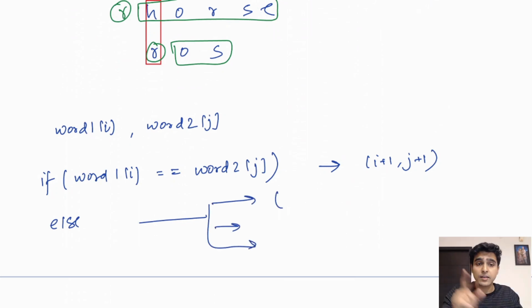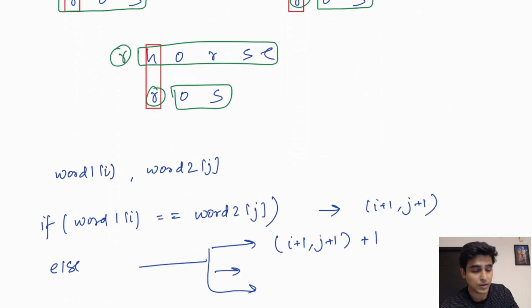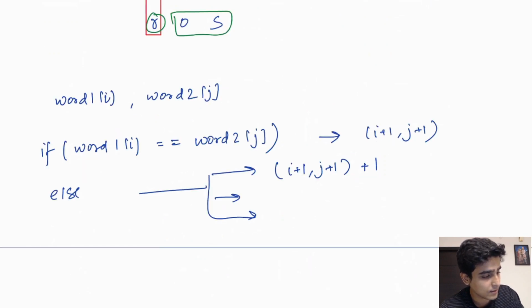Either I can replace. If you replace, you will go to i plus 1, j plus 1 and the cost of replace is 1. If you notice here, when I was replacing, I am incrementing the index of word1 and word2 both. Now the second is you can add a character.